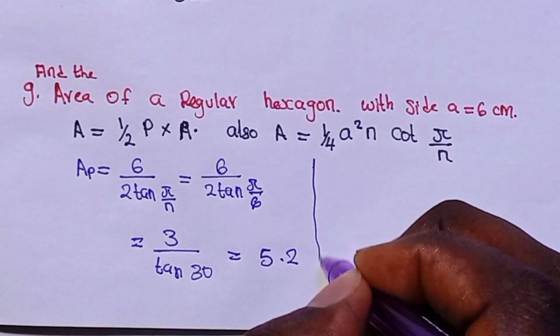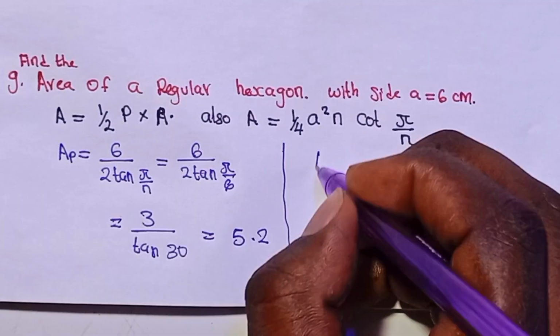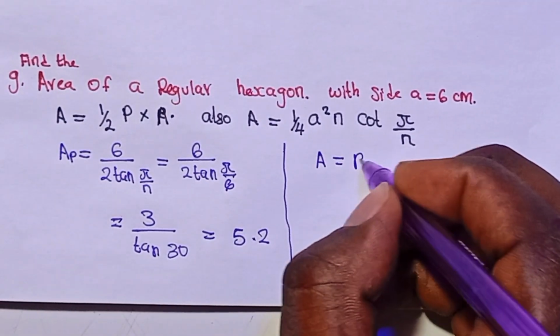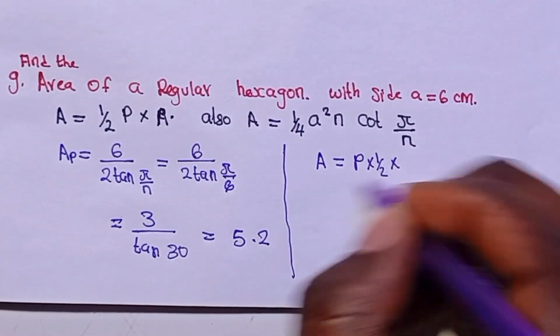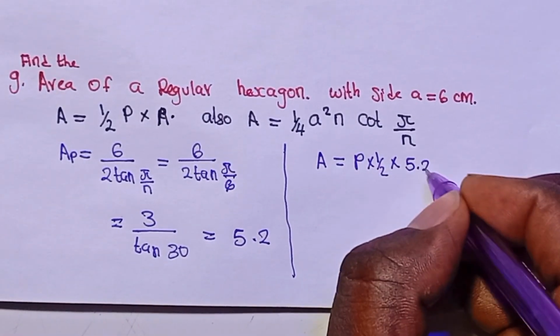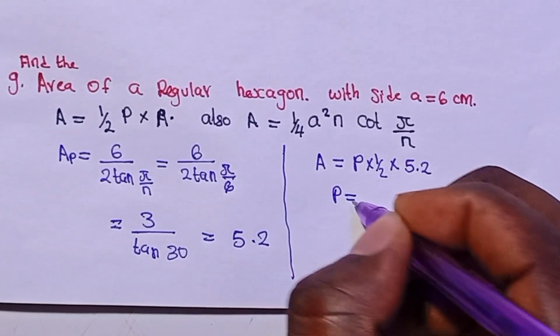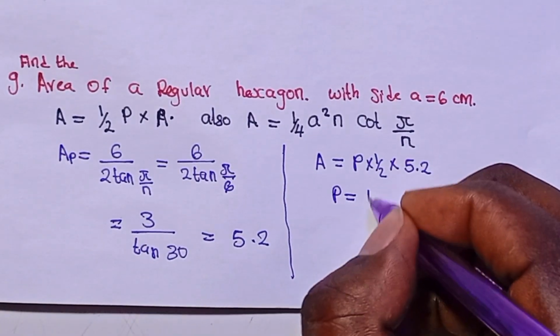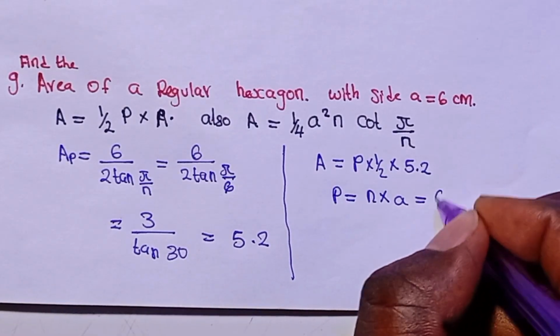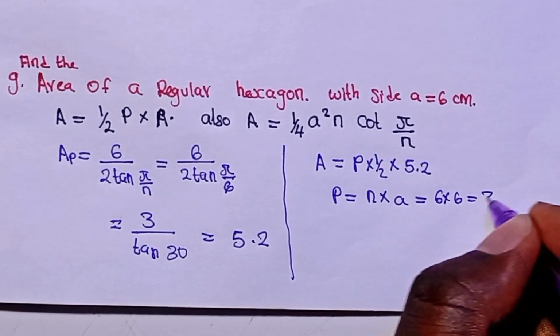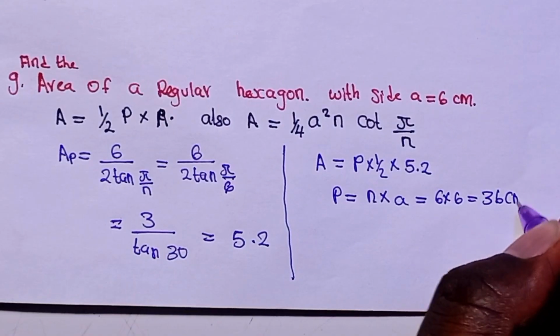So rewriting this in the formula, the area is going to give us perimeter times a half times this 5.2. Our perimeter is n times a, which is equal to 6 times 6, which is equal to 36 centimeters.